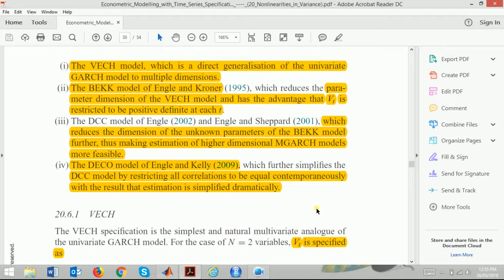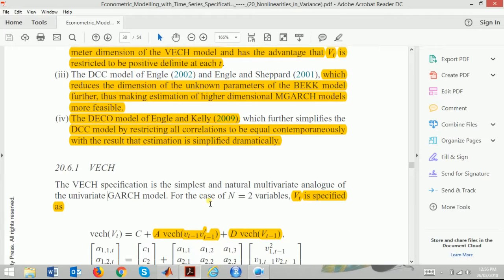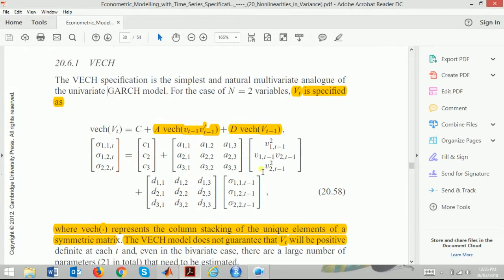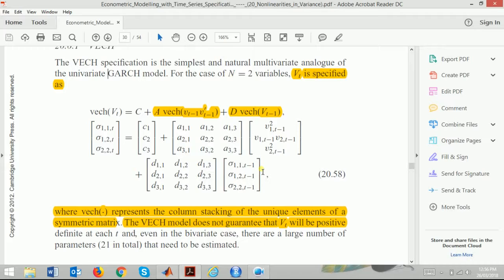Kind of DECO model is taking the concept of gradient boosting, so we will see its application in econometrics.